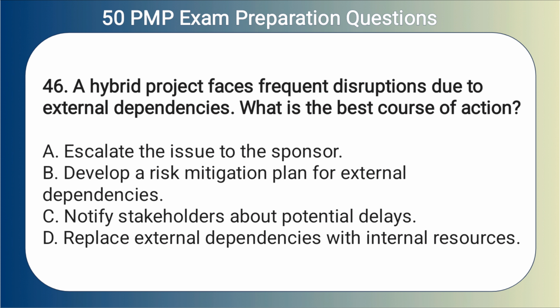46. A hybrid project faces frequent disruptions due to external dependencies. What is the best course of action? A. Escalate the issue to the sponsor. B. Develop a risk mitigation plan for external dependencies. C. Notify stakeholders about potential delays.